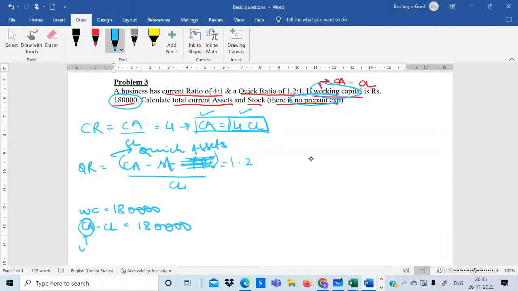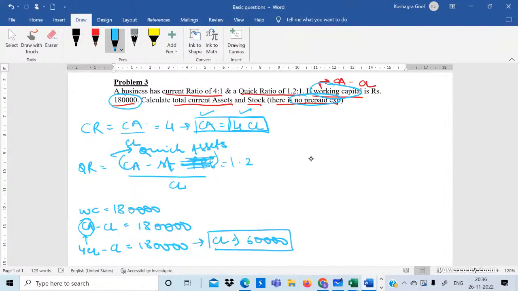So 4 current liability, I'll reduce the current liability. I'll get 1,80,000. Now if you solve it, you'll get 3 current liability is 1,80,000. Finally, 1,80,000 divided by 3, you get your current liability. Current liability will come as 1,80,000 by 3, that's 60,000.